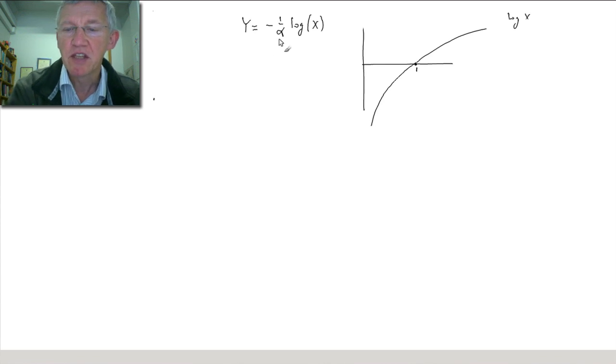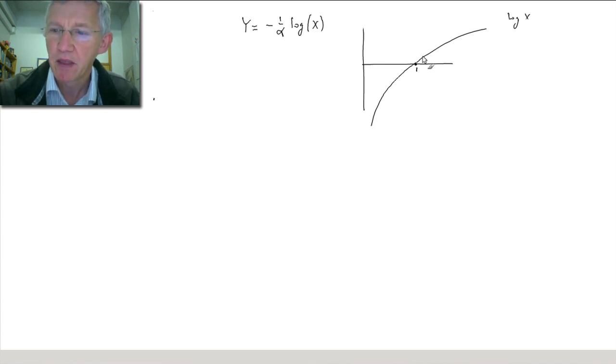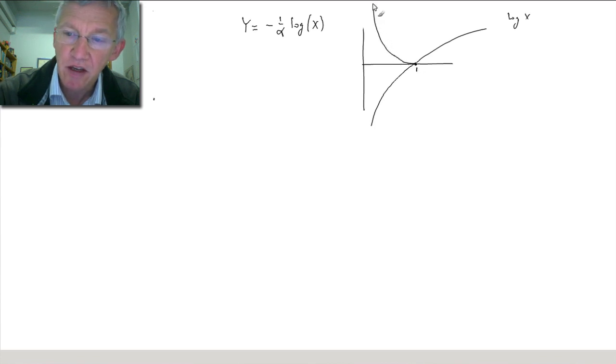So what we're doing here is alpha is restricted to be positive. So minus 1 over alpha is a negative number. The logarithm of a number between 0 and 1 is always negative, and so y will always be positive. And at 1 it's going to be 0, and then it's going to increase up here like this.